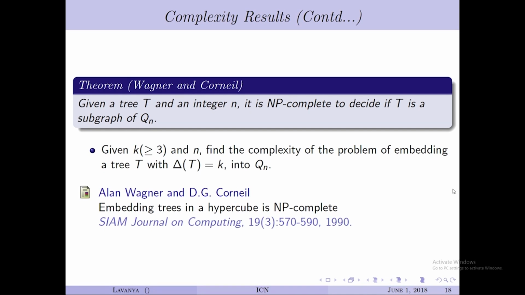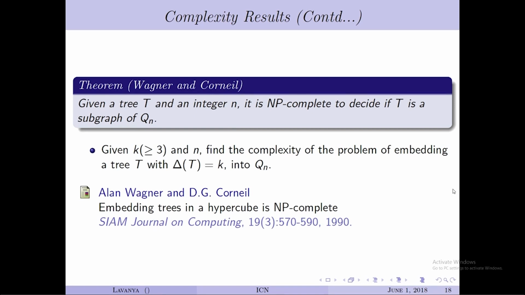Again comes Wagner and Cornell, who are always there to put us down. Given a tree T and an integer n, it is NP complete to decide if T is a subgraph of Qn. Given n and the tree T, to decide whether this tree is a subgraph of Qn is NP complete again. Okay.